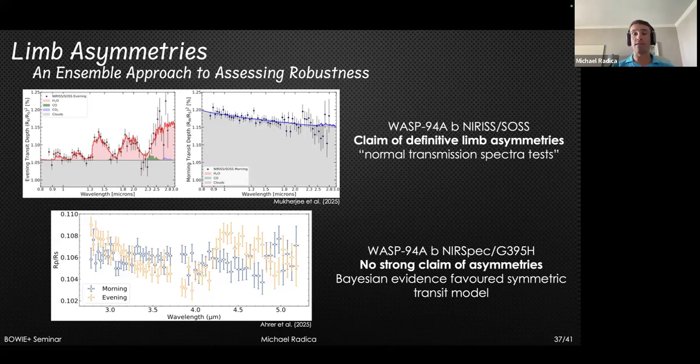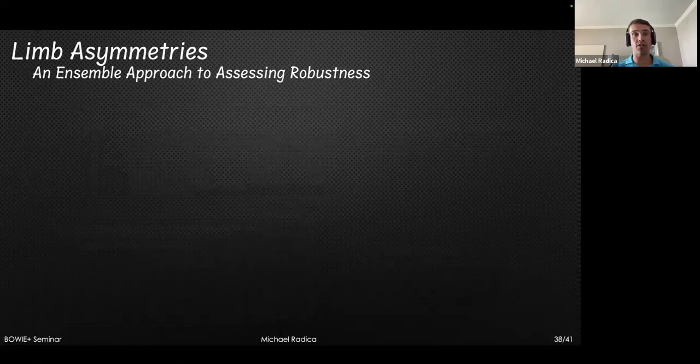So it's important that as a field, we come to a method to say whether or not the limb asymmetries in our data are truly real. One of the things I'm going to propose here is that we take an ensemble approach. In the case of whether there is methane present in my retrieval, the community has settled on a pretty standard approach to say whether this is true or false.